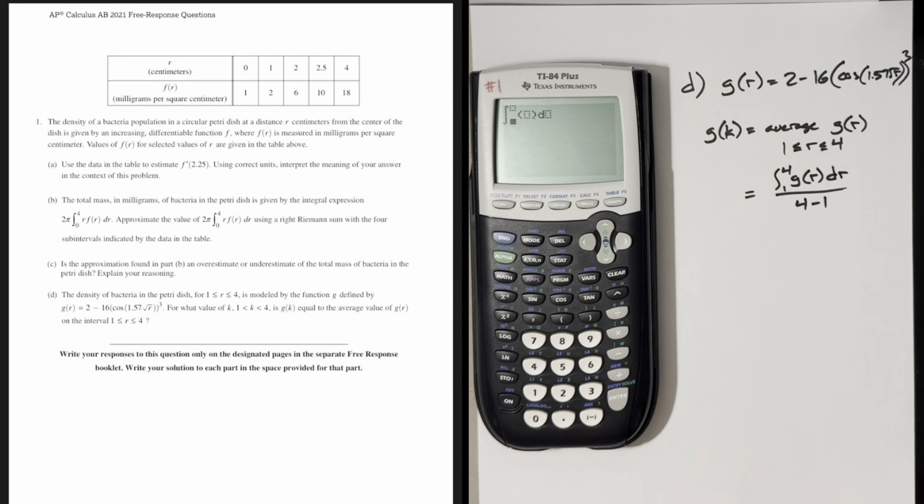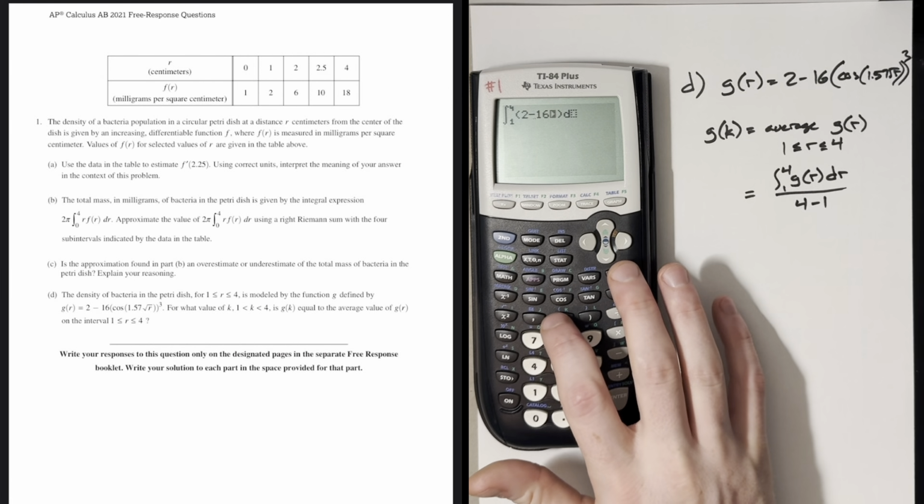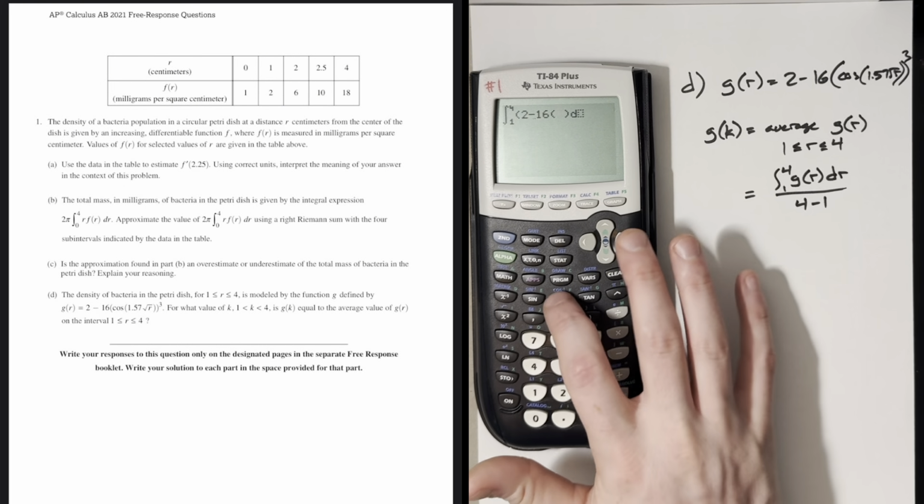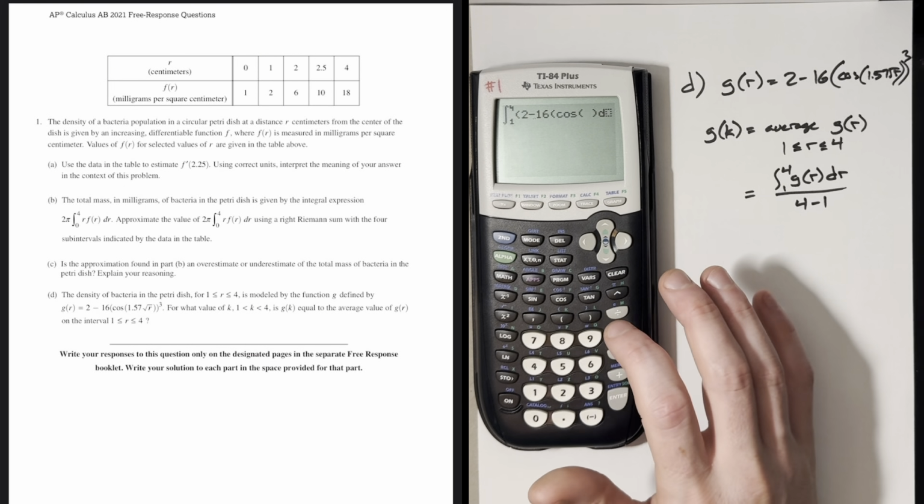So I'll go from 1 to 4, and now I need to type out my g of r, which is this whole ball of nastiness. So let me type it out. 2 minus 16 times cosine of 1.57 square root. I'm going to use x instead of r. Doesn't matter which variable you use as long as it's consistent.